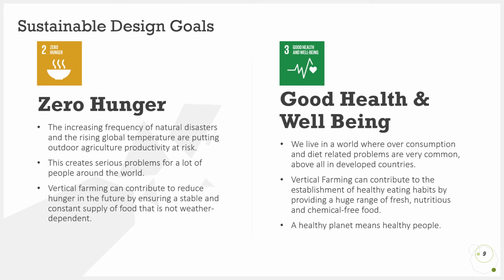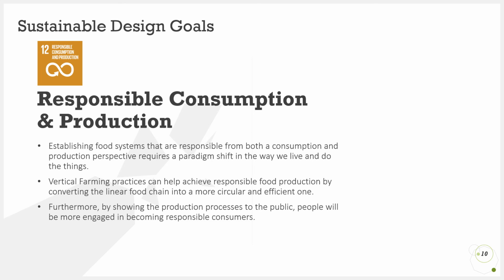And also, there's good health and well-being. We live in a world where overconsumption and diet-related problems are very common, and vertical farming can contribute to the establishment of healthy eating habits by providing a range of fresh and nutritious chemical-free food. And a healthy planet means healthy people.